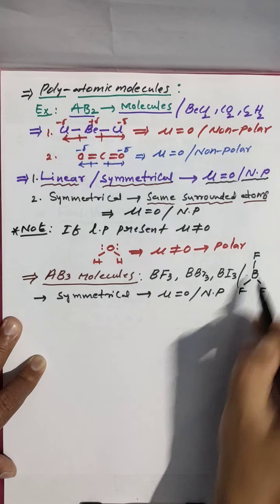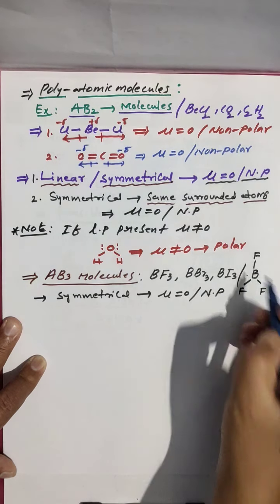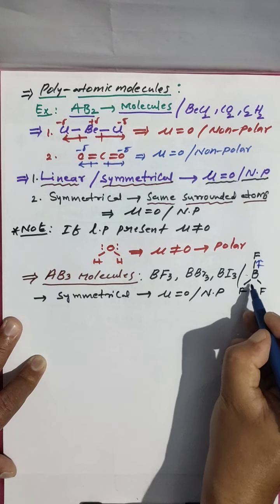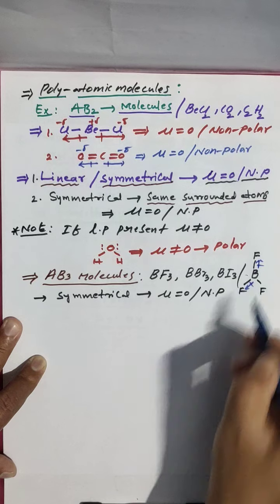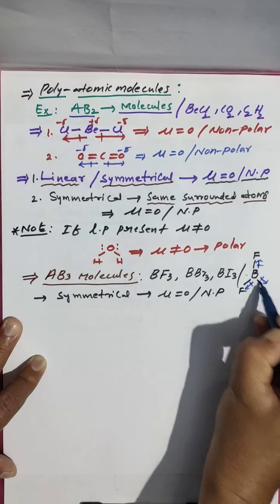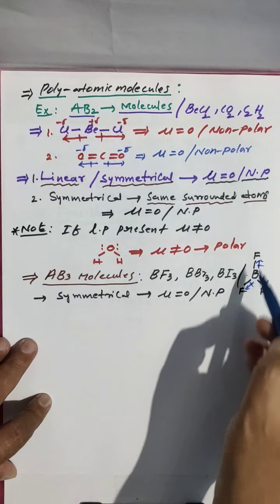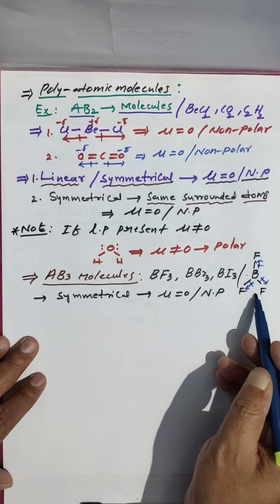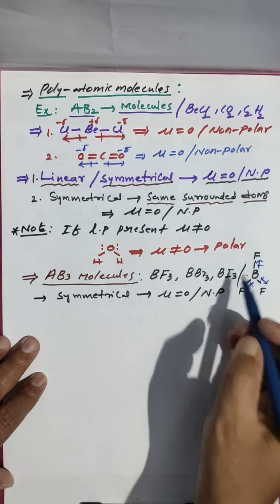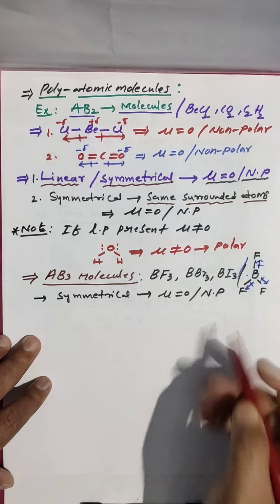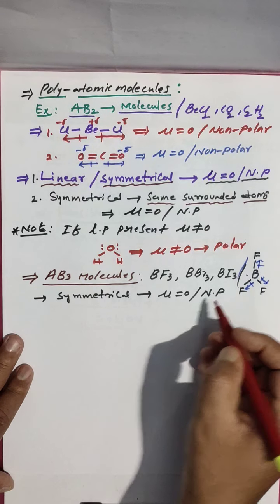See here, this will be moving less electronegative to more electronegative, and this, and this, the same. All are cancelling out their net dipole moment. Moreover, it is a symmetrical molecule, so due to symmetry, net dipole moment equal to 0.